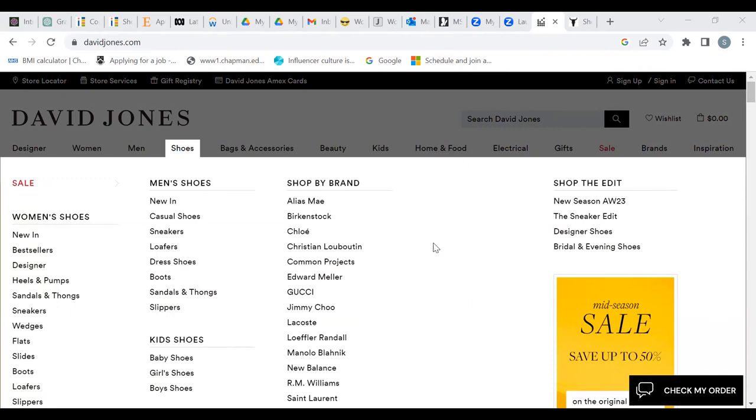Based on all of that, and there are machine learning algorithms to do this, all that information is gleaned to identify the key brands that consumers are buying in the shoes category. So that's how it is arranged.